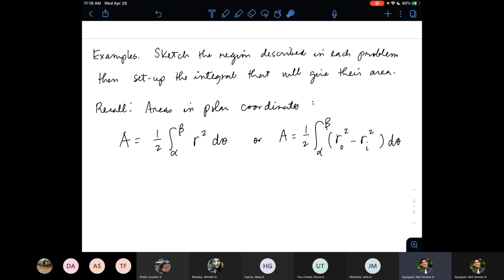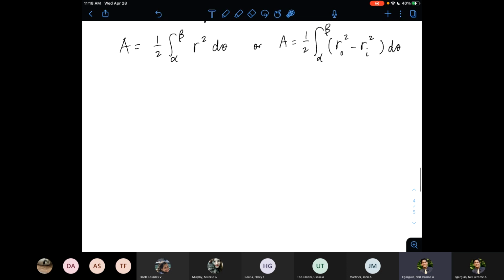And for the integral, don't forget some mainstays. We have the 1/2 outside for the area. And then your bounds would be angles because we will be integrating with respect to theta. And the integrand will either be a radius squared whenever your region is bounded by only one curve, or the difference of the squares of the outer radius and the inner radius. All right. So let's look at some examples first.